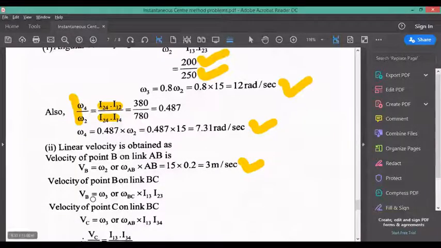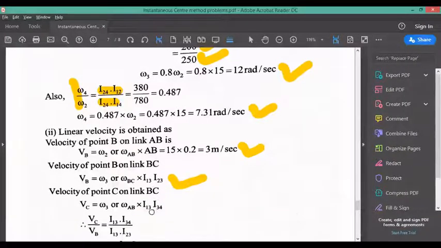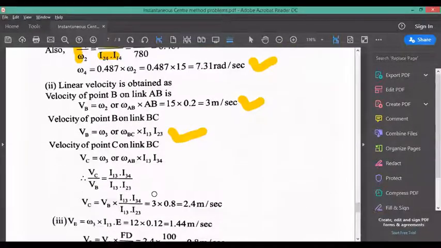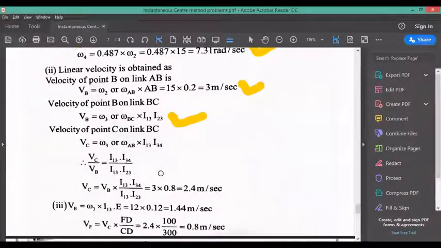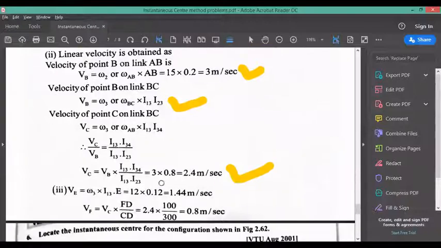So we can represent VB as omega 3 multiplied by the distance from instantaneous center I13 to I23. And finally, we can take the ratio of the velocity of point C to point B, and find the velocity of point C also. Considering the corresponding sides in the link triangles, we can find the velocity of point E also.